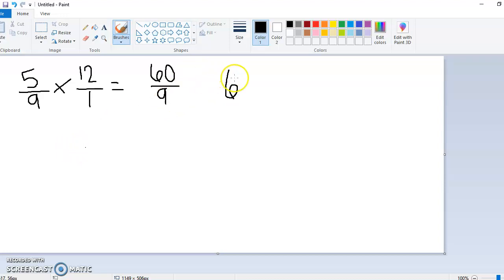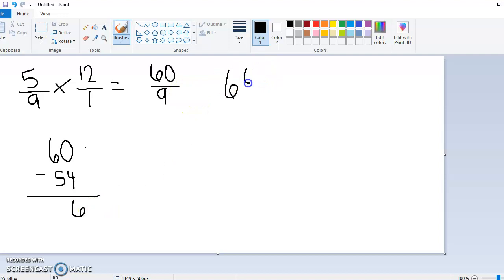And we already know that's 6, obviously. Okay, so 9 times 6 is 54. So then I would just do 60 minus 54, which would give me the difference of 6. So then this 6 here, that's my leftover, or my parts of the whole, which then becomes my numerator.